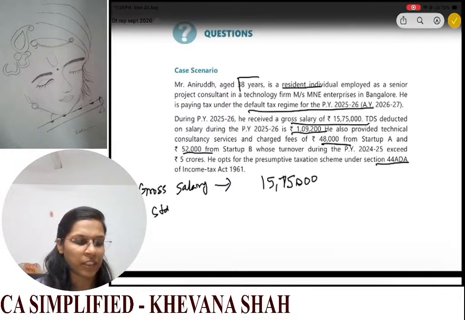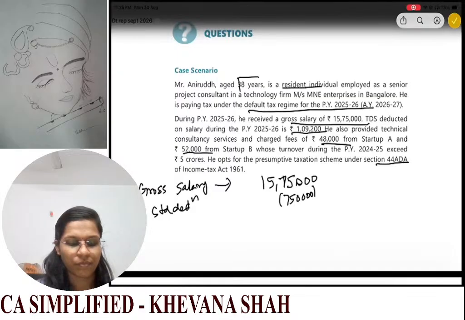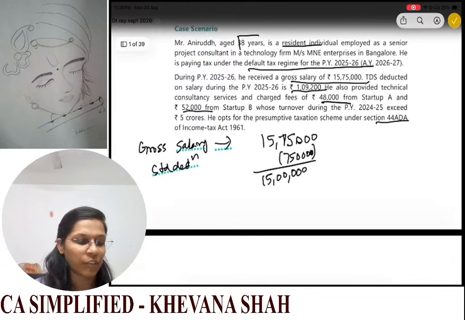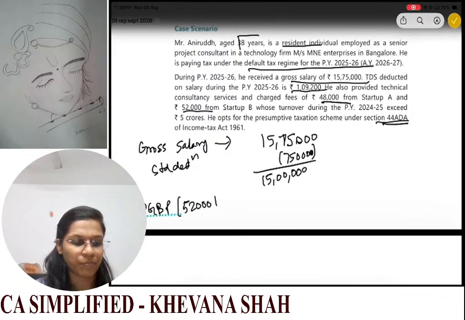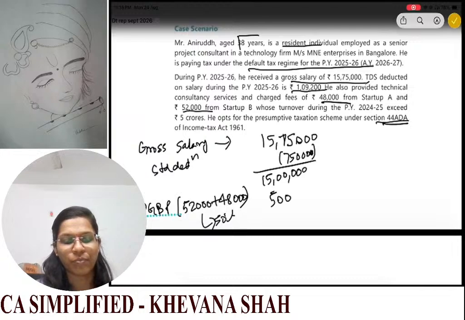Then you have standard deduction of 75,000, leaving 15 lakh. Then you have PGBP income. Now under presumptive section 44ADA, you need to show 50% of whatever he is earning, which is 50,000.